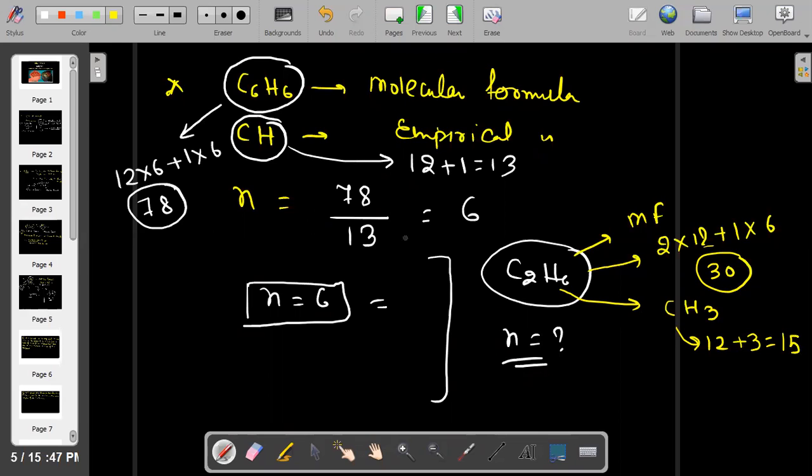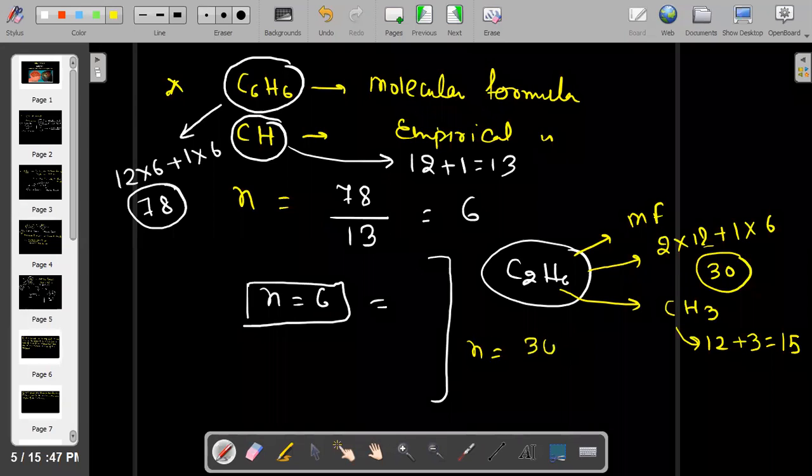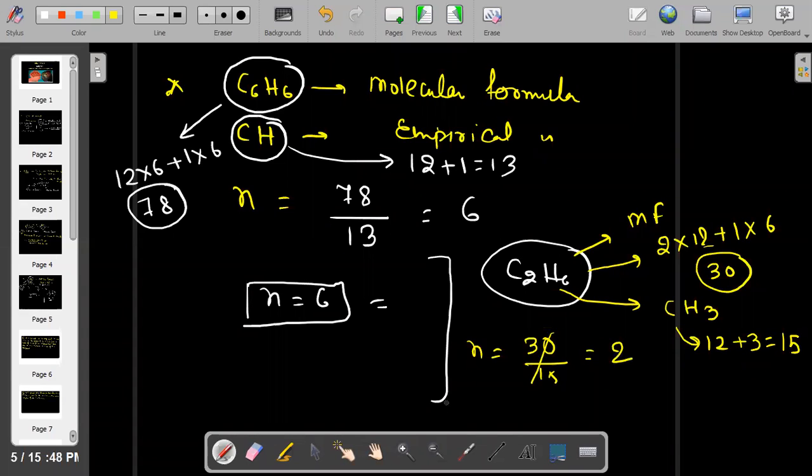Now tell me, what is the formula? N is equal to molecular formula mass upon empirical formula mass. Molecular formula mass is 30, empirical formula mass 15, that is equal to 2. Very simple. N is equal to molecular formula mass upon empirical formula mass. Clear?